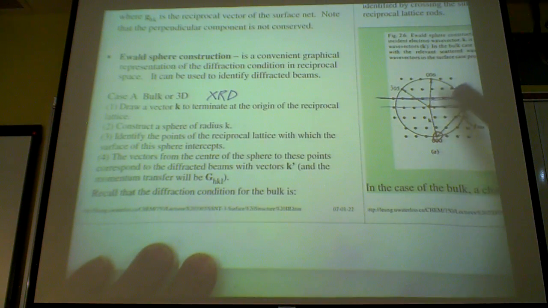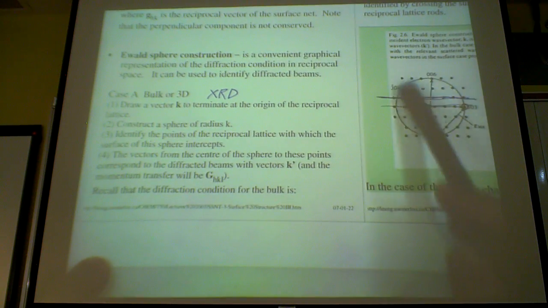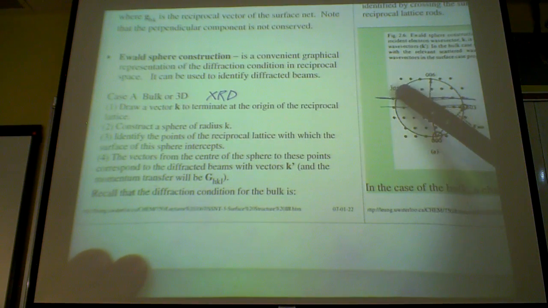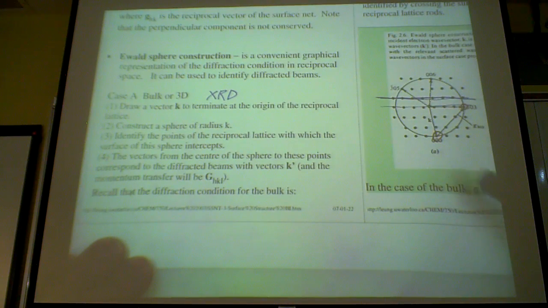So if you inflate your balloon, remember it's three dimensional. I'm just showing you a cut in the lattice. In this plane, it intercepted the 301, negative 301 point, then you would expect to see a diffraction point here. You see one point in the diffraction corresponding to the 305 point.